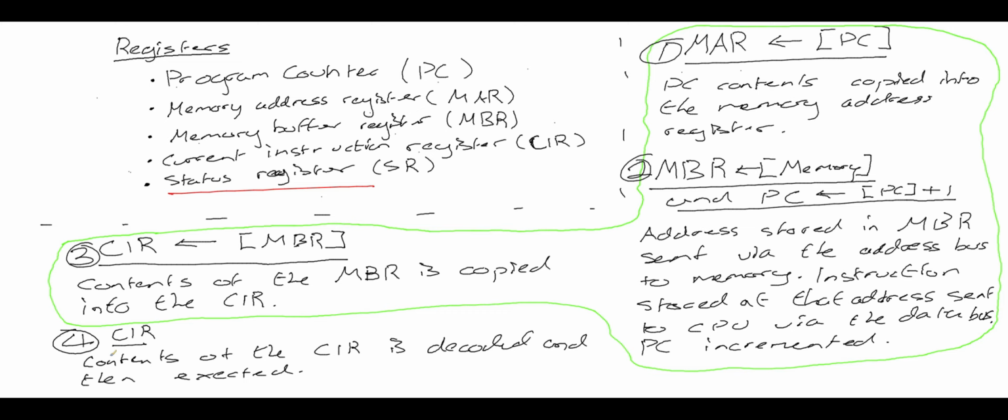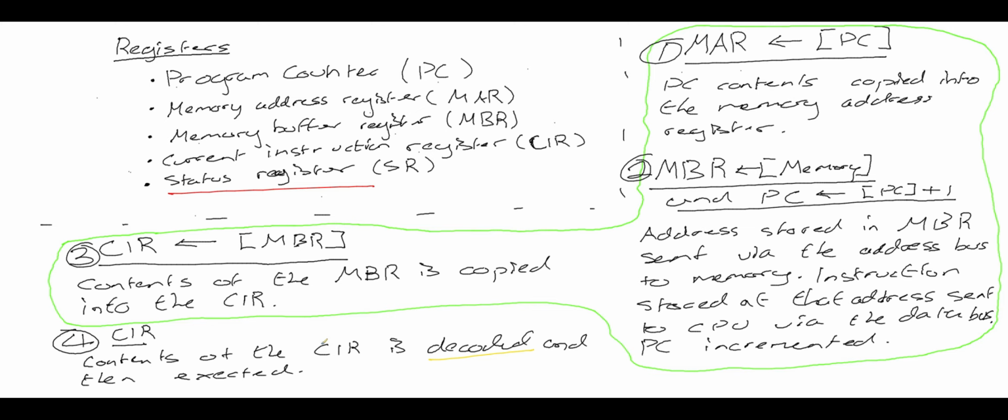And when we're decoding an instruction, what we're doing is we're using something called the control unit to decode the instruction. So the control unit decodes the instruction. And what the control unit does is it splits the instruction into an opcode, so that's the instruction to be executed, and the operand, and the operand is the data on which we're performing that instruction.